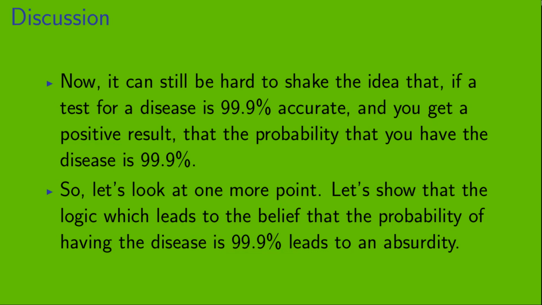Now, it can still be hard to shake the idea that if a test for a disease is 99.9% accurate, and you get a positive result, that the probability that you have the disease is 99.9%. So let's look at one more point. Let's show that the logic which leads to the belief that the probability of having the disease is 99.9% leads to an absurdity.